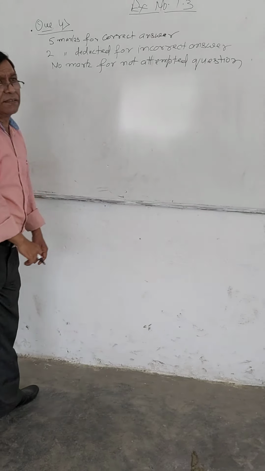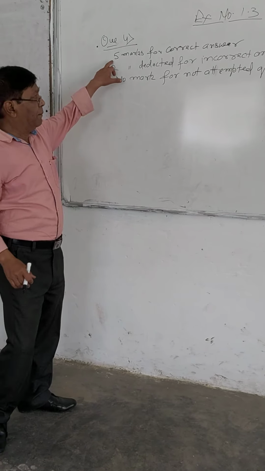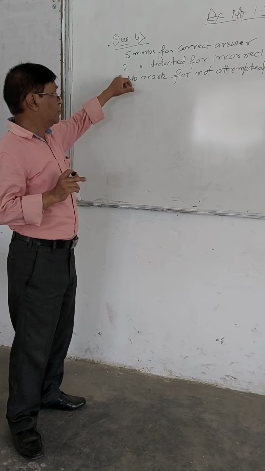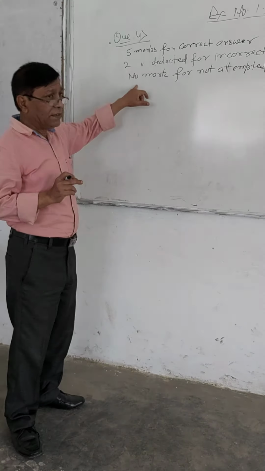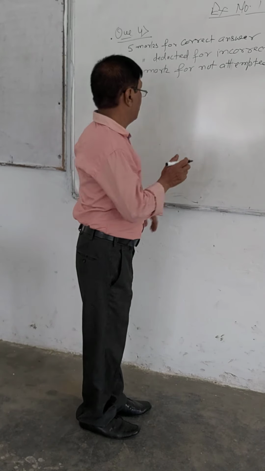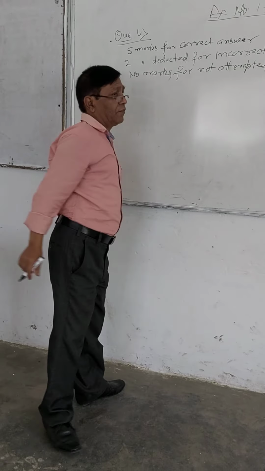So three conditions are there: 5 marks for each correct question, 2 marks deducted, and if he has not attempted any question, no mark will be given for that question.